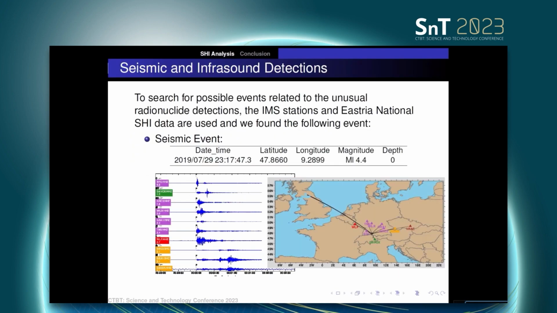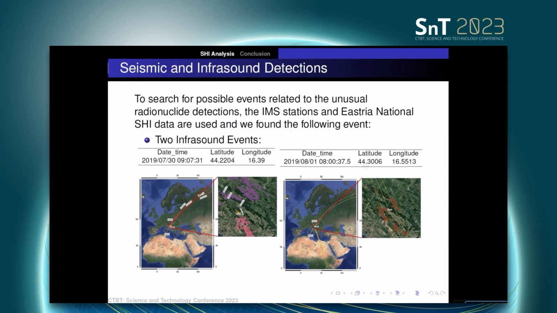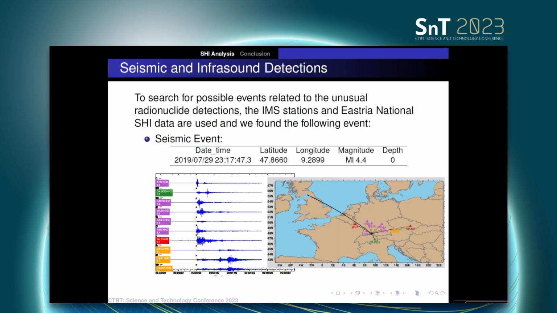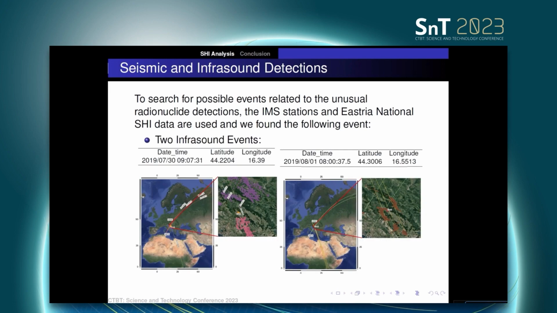This part of the presentation talks about the seismic solution made by our colleagues Mona Abazim, Adil Sami and Islam Hamama. In this part, they solved the seismic and infrasound signals and determined three sources: one pure seismic on the 29th of July, and two infrasound on the 30th of July and the 1st of August.